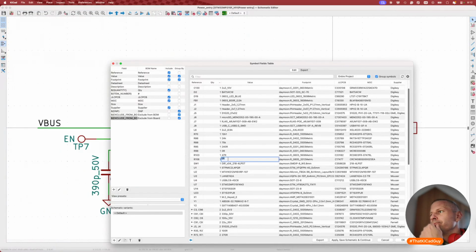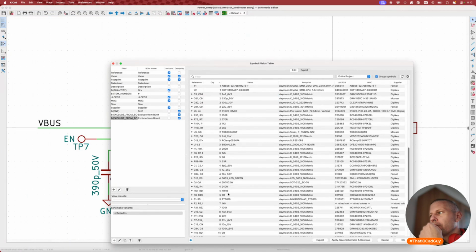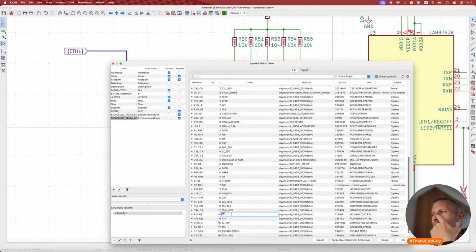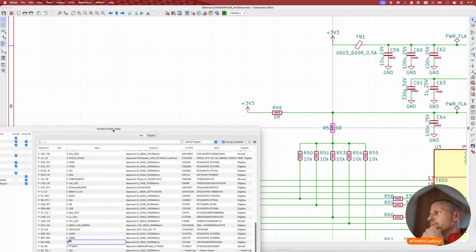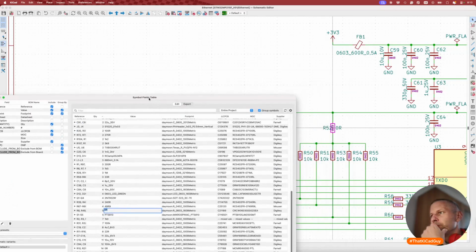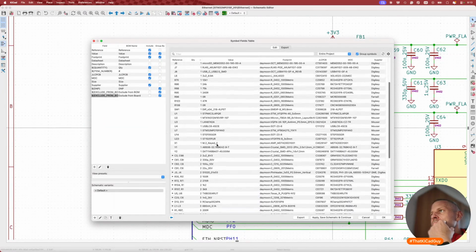Zero ohm. 0 ohm. 0 ohm. Okay, we have 14 0 ohms, 0402. We have 5 0 ohms. Yeah, that's for my, let's say, convenience.